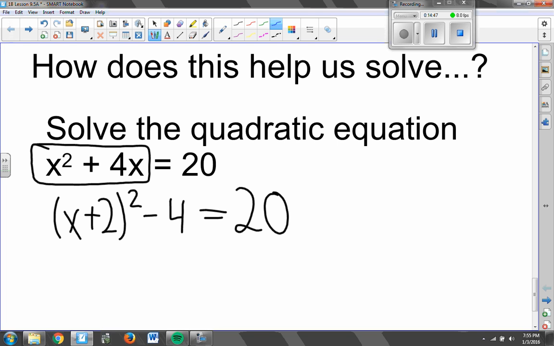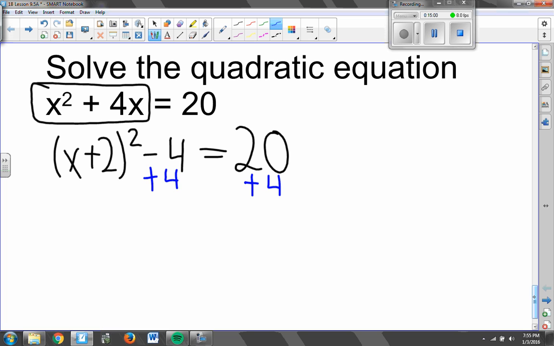Get everything away from the parentheses, which is this minus 4 here. So I'm going to add 4 to both sides first. I do expect you to be writing this down with me in your notes, so that you know the process to follow when you need to solve these on your own. That's now gone on the left side, and all I have left is x plus 2 squared equals 24.